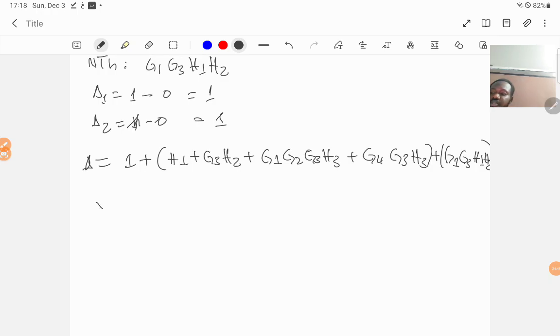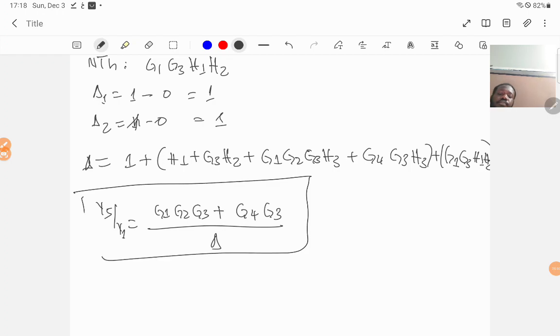So the final answer y5 over y1 is equal to g1 g2 g3 plus g4 g3 over delta. Our delta is this one.